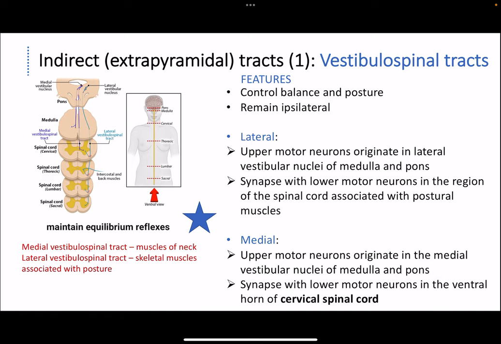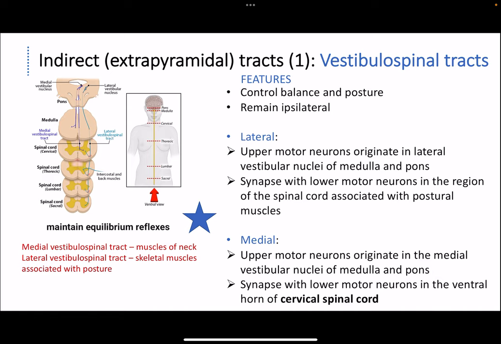So you have a lateral tract here, and you have a medial tract as well, right? You have a lateral nucleus that gives rise to the lateral tract, and a medial nucleus that gives rise to this medial vestibulospinal tract.